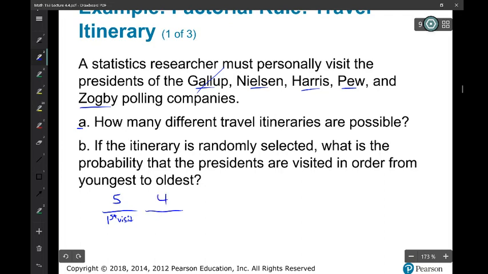So say we chose Gallup first, but then we chose to visit Harris. So after our second visit, that narrows it down to 3. Okay, say we chose Pew. Then there would be 2 left.